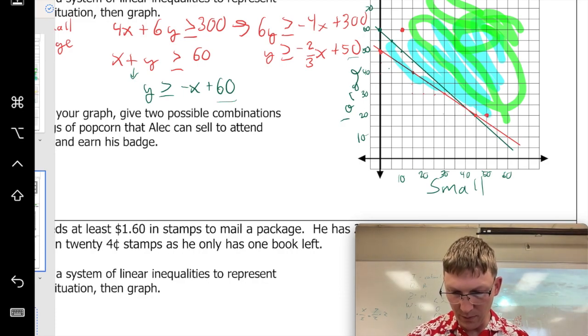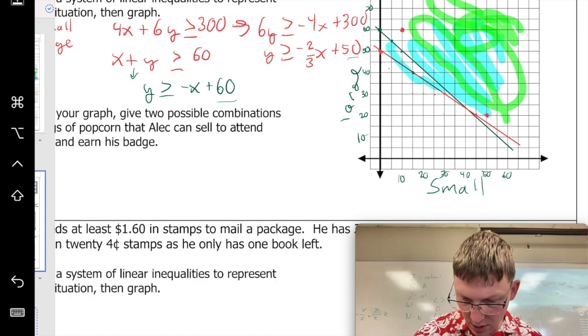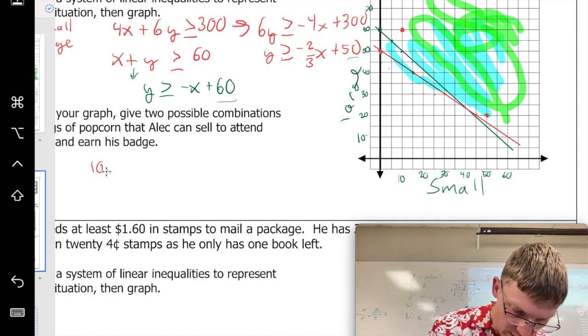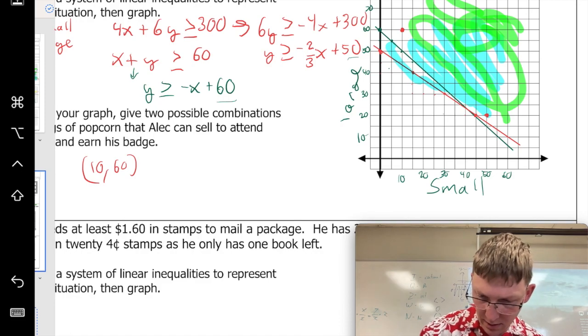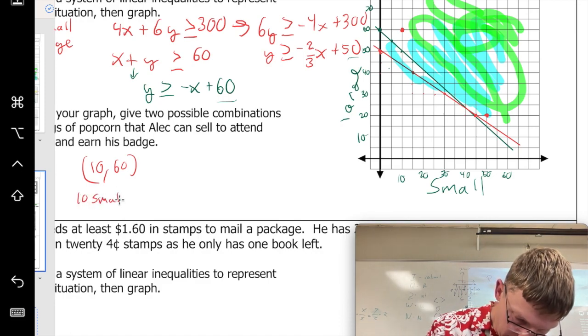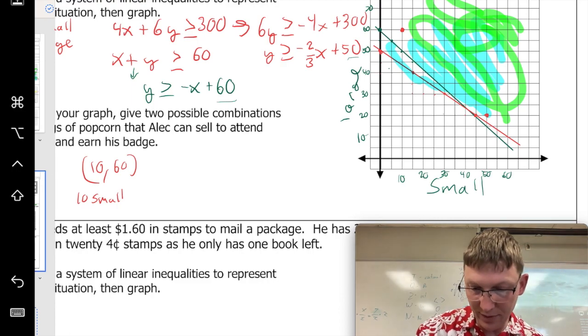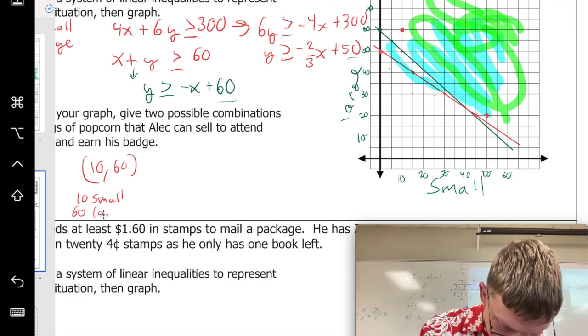Well, okay, 50, 20, sorry. So our two answers could be 10, 60. So that would be 10 small bags of popcorn. He would have to sell 10 small bags of popcorn and 60 large.